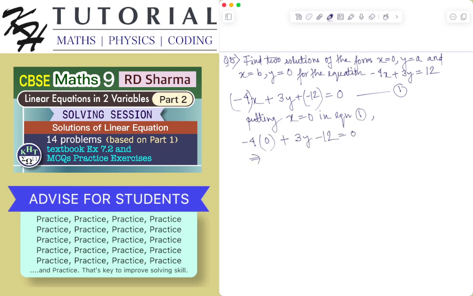This implies we get a linear equation in y. So we will solve for y, and we get y is equal to 4. So clearly 0, 4 is a root of equation 1.